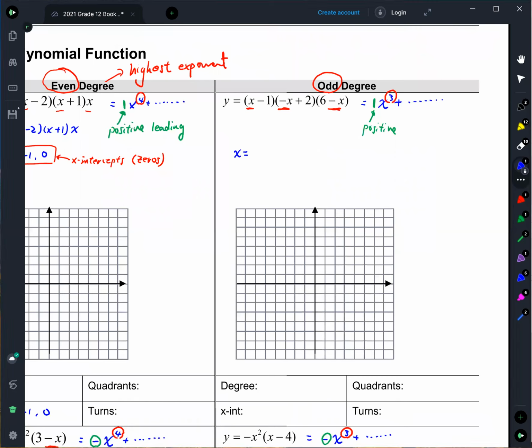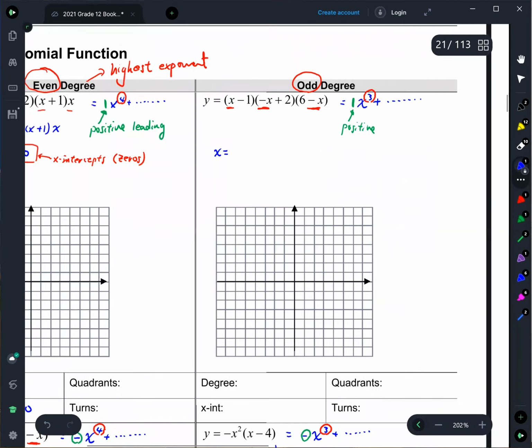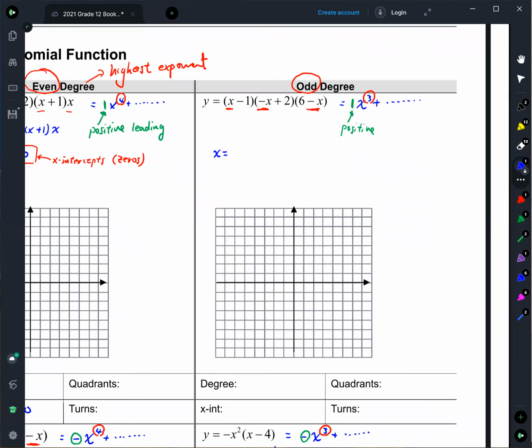Okay, should be done by now. Let's check the zeros for odd positive. Caleb, can you tell me the zeros for this one? Oh, I'm still working on it right now. Do you know how to do it? Kind of. I'm still trying to work it out quickly.